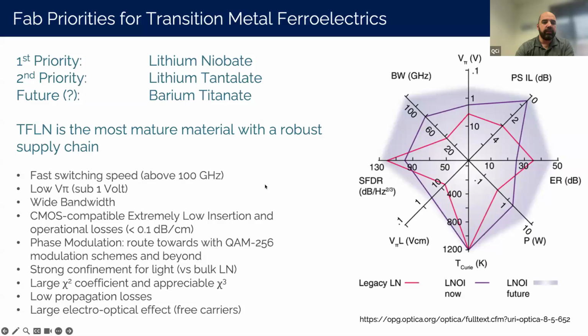And TFLN has not only the most mature and robust supply chain today for these types of materials, but also in the past decade, there have been numerous demonstrations from various groups of TFLN devices that are useful for high-speed switching above 110 gigahertz with wide bandwidth and low V-pi. It's a CMOS-compatible material, and it has very low operational losses, less than 0.1 dB per centimeter.